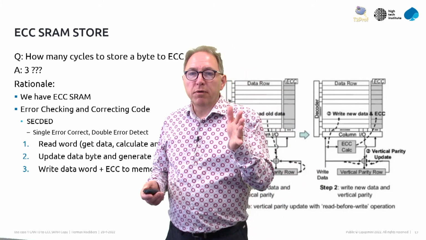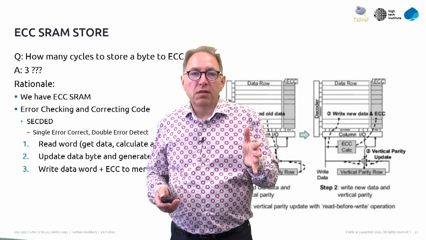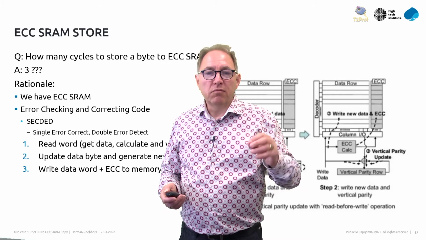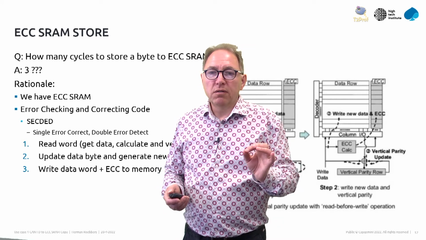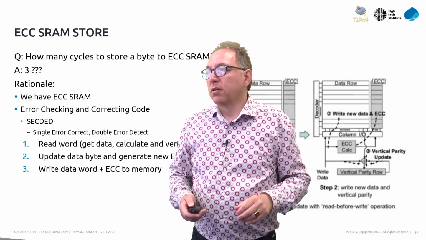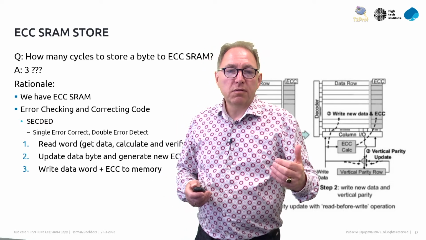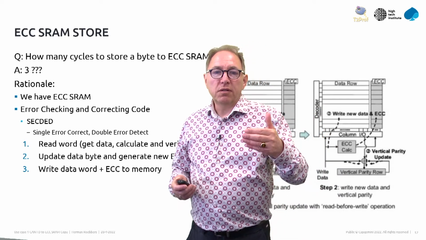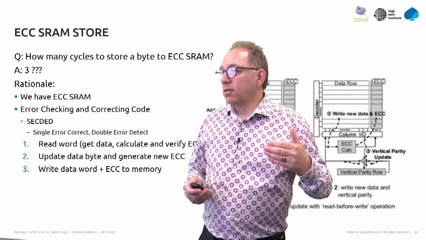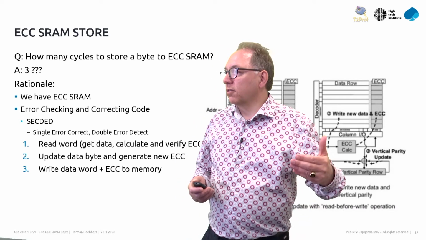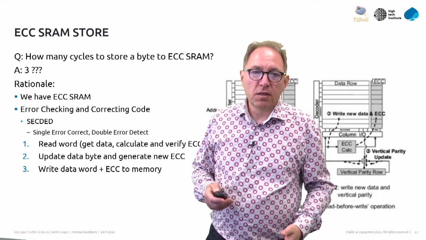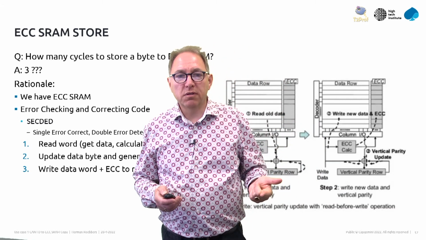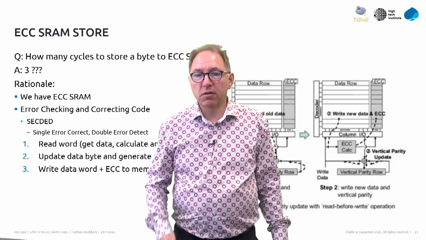But if we update only part of the 32 bits, we have to read the word first, check that it is correct, replace part of the word, and then write it back together with a new checksum. That's basically a three-step thing: read, update partially, and write. That accounts for the 3 cycles instead of a single cycle. So with this ECC SRAM, if we update either a byte or a half word, we always get a 3-cycle access instead of a 1-cycle access.